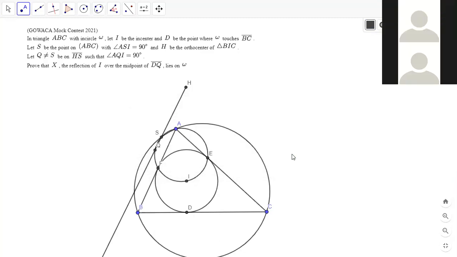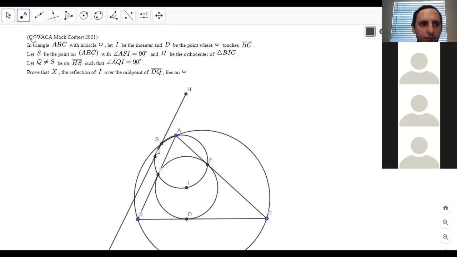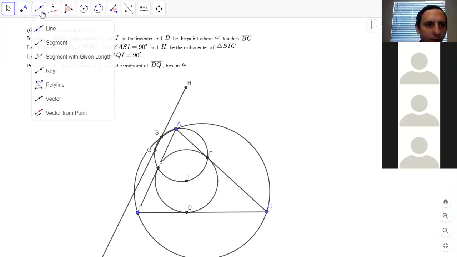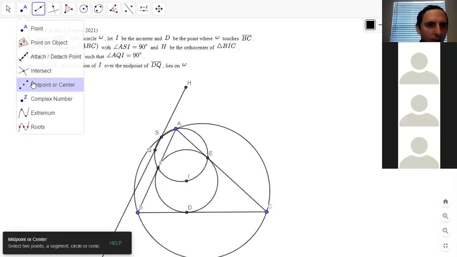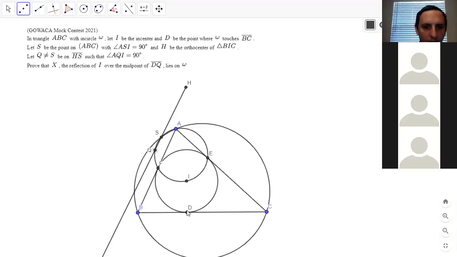And then let X be the reflection of I over the midpoint of BQ. So basically IQXD is a parallelogram.